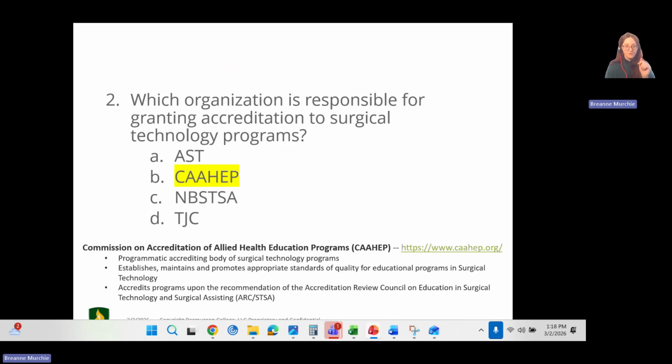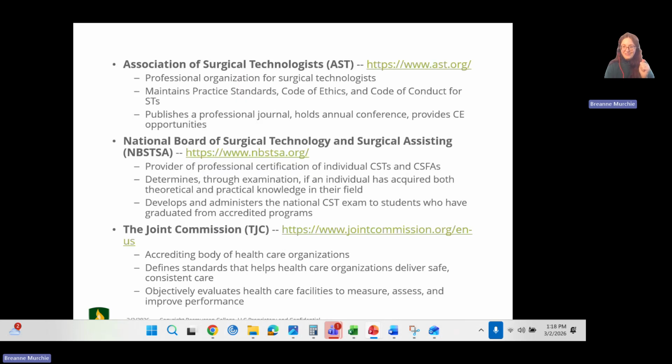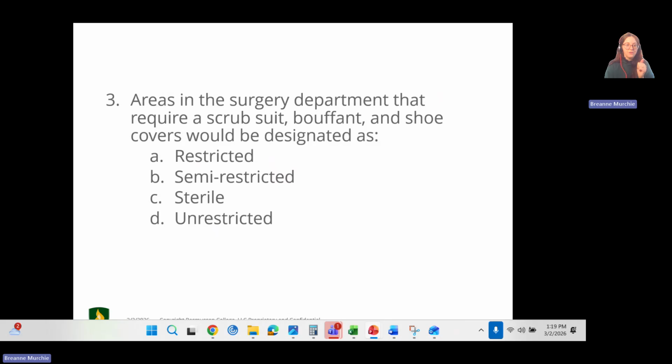And then I have some more information on the others that we didn't choose as our answer: what the AST, Association of Surgical Technologists, provides, what NBSTSA is for, and what the Joint Commission is for. Again, please review this on your own, but if you need a little bit of information, you got it right here. Okay, number 3, areas in the surgery department that require the scrub suit, bouffant, and shoe covers.